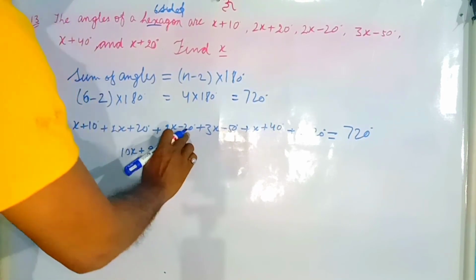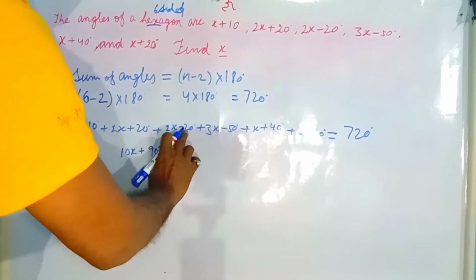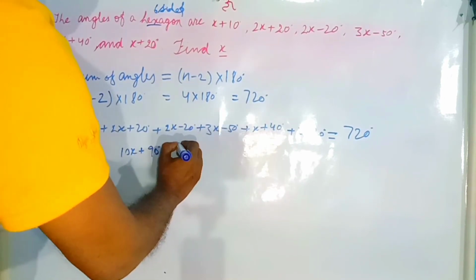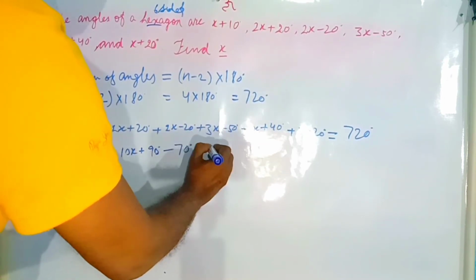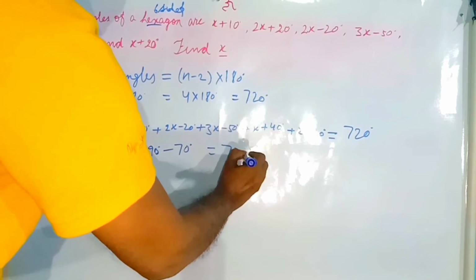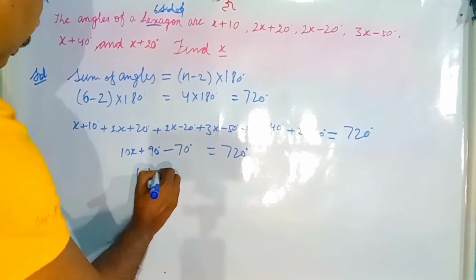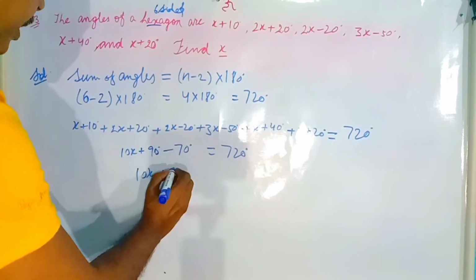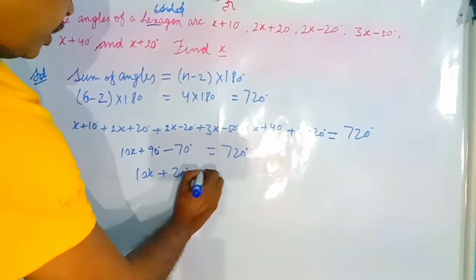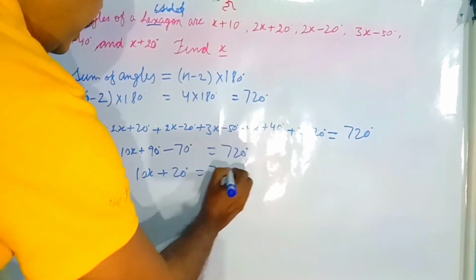Then minus 20 minus 50 degrees, it will be minus 70 degrees, equals 720 degrees. Now 10x plus 90 minus 70, it will be 20 degrees, equals 720 degrees.